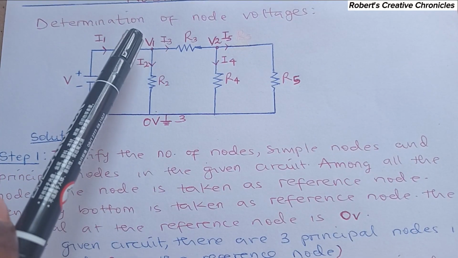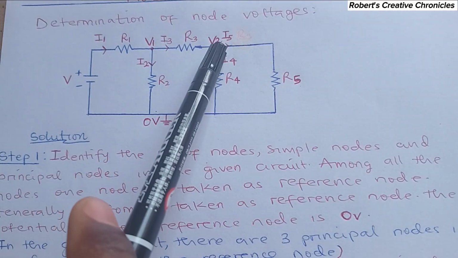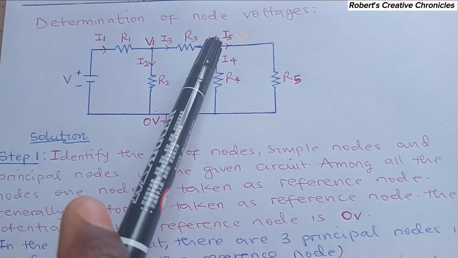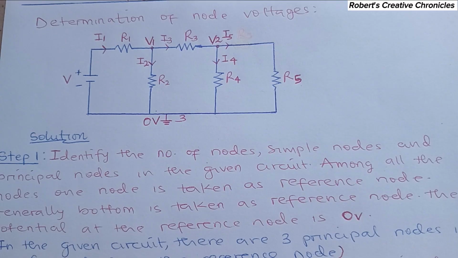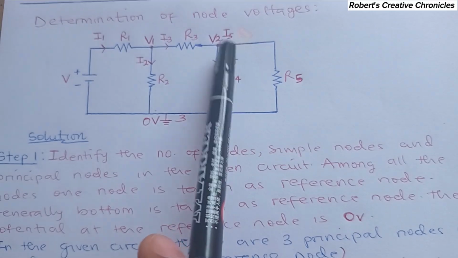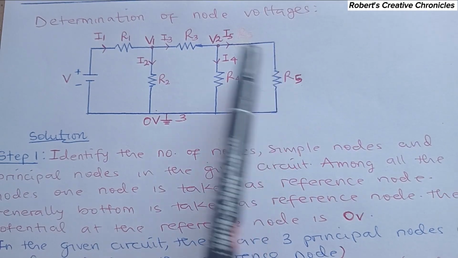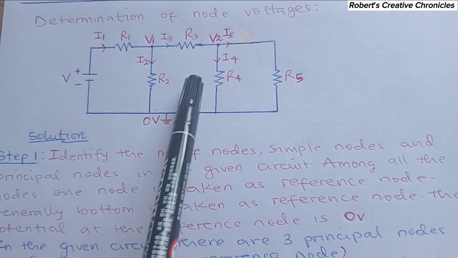So you take the higher potential minus the lower potential, and then you divide by the resistance between them. You do this in all these branches: the higher voltage minus the lower voltage divided by the resistance. And the current direction you know from the direction of the current.